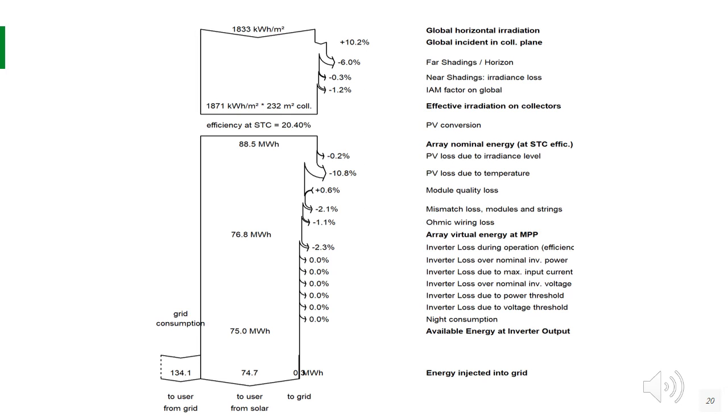This figure depicts the system's loss diagram over the course of a year, which includes various losses that have an impact on solar system efficiency. Far shading, near shading, and the IAM factor on a global scale are the losses that occur before sun irradiation is received by the PV panels.